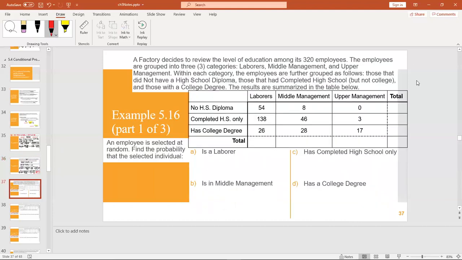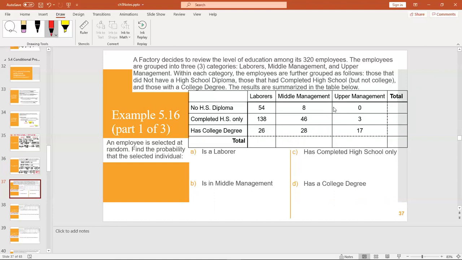Okay, here's another one. We've got a group of employees and we've got their job function. We've got the laborers, the middle management, and the upper management. And then we've got the education levels. So we've got no high school, high school, and college degree. Let's find the total values for each of these.